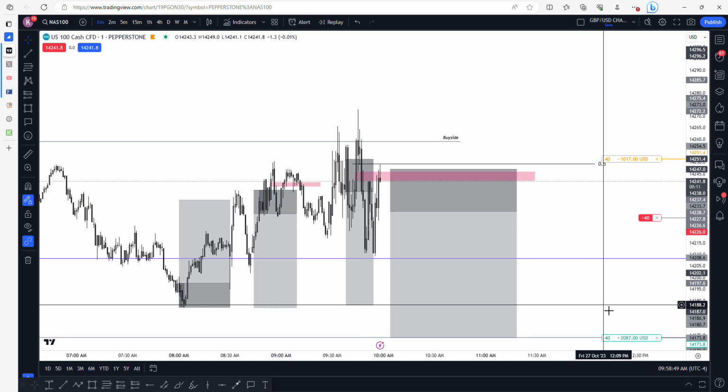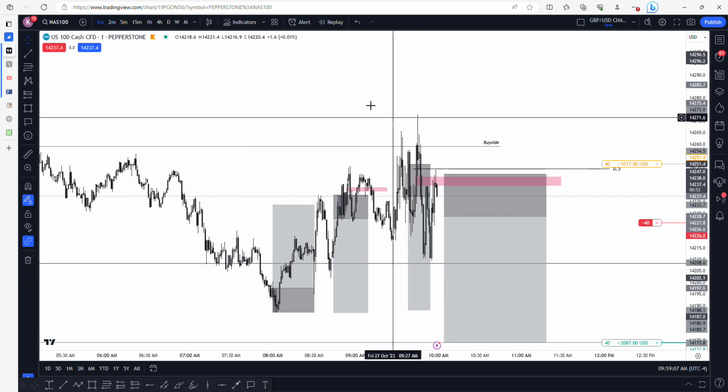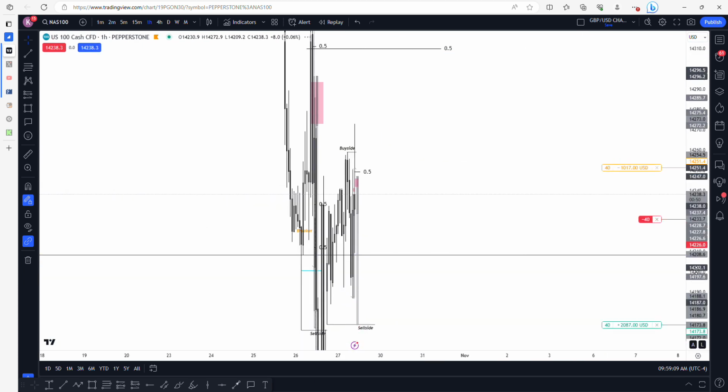Okay, filled out that fair value. See, I would look for buys, right? But I just don't have a clear liquidity to go after, which is why I'm not looking for one. But south side there's plenty, and we are still overall bearish.